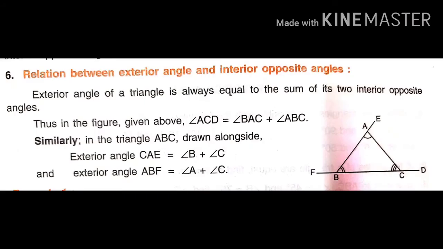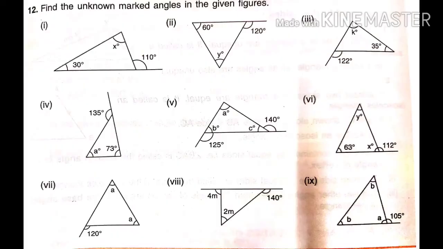Now check this. Now all the rest of the questions we will do by the exterior angle property. What is it? I am telling you with the help of question 12. Check question number 12. What you will observe is one angle is made outside. That angle is known as the exterior angle. And two angles are made inside, 30 degrees and x degrees. They are known as interior angles.